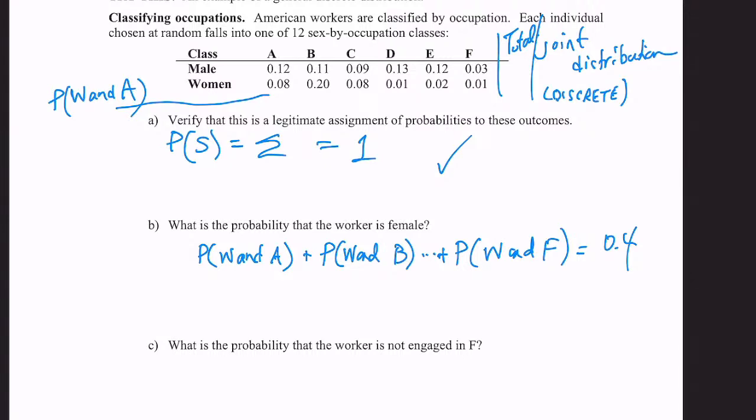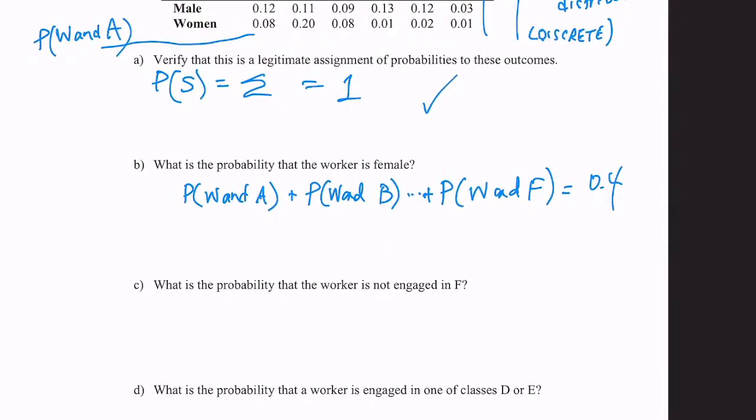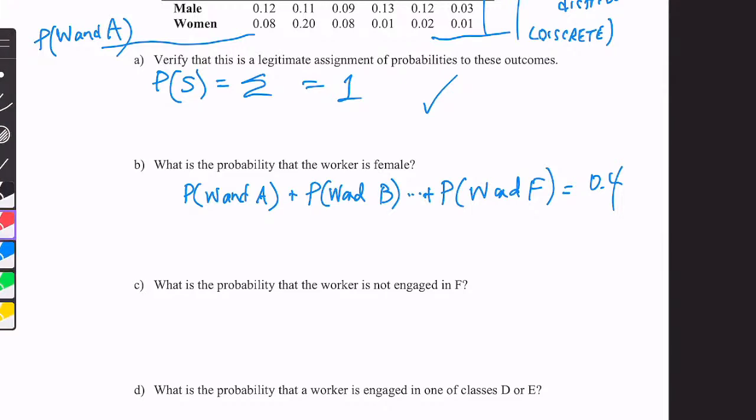Next problem. What is the chance that a worker is not engaged in F? So F would be here, and you could calculate that to be 0.04.